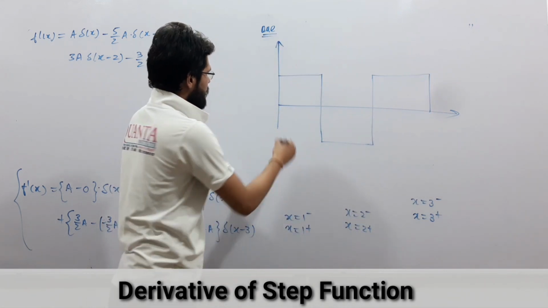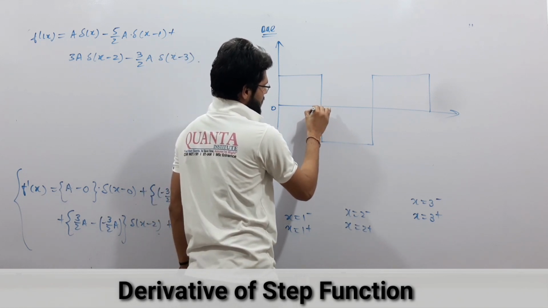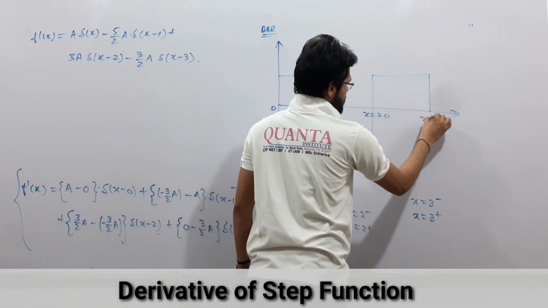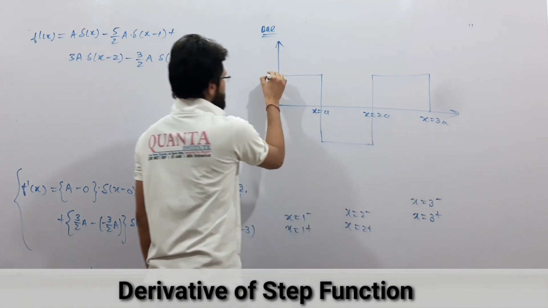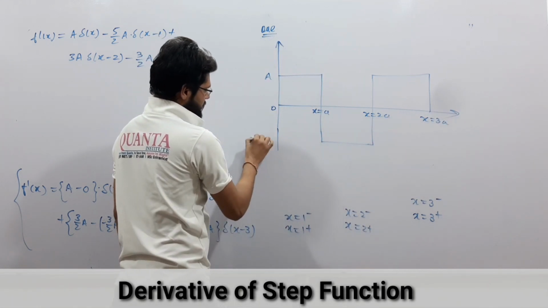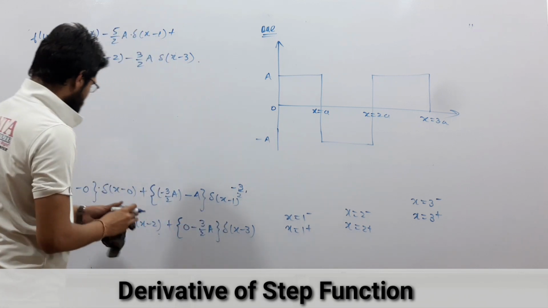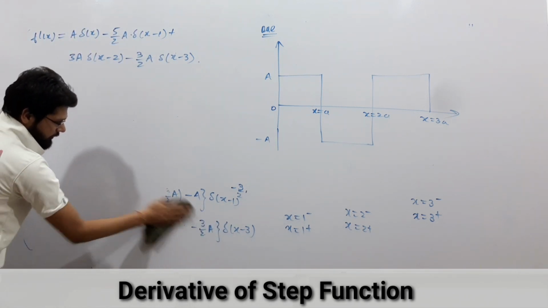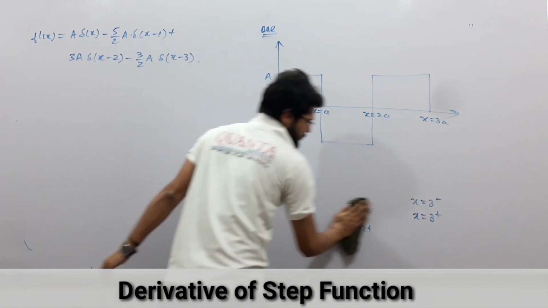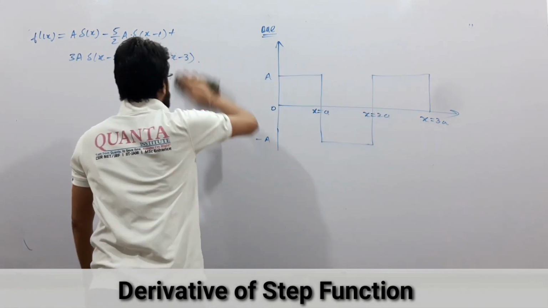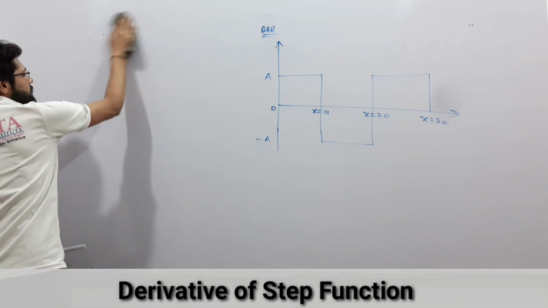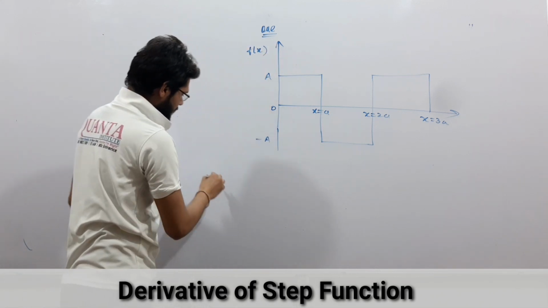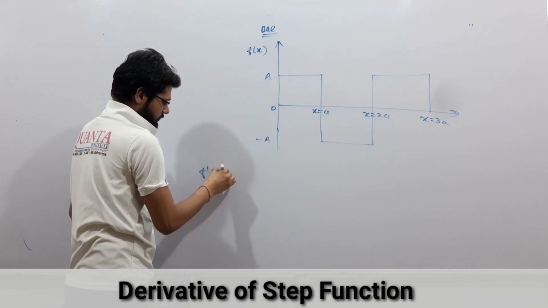Okay, so let this be 0, and this is a, this is 2a and this is 3a, and this is a and this one is minus a. Clear? So what will be the derivative of this function? This is, let's say, f of x. So you have to find f prime x.